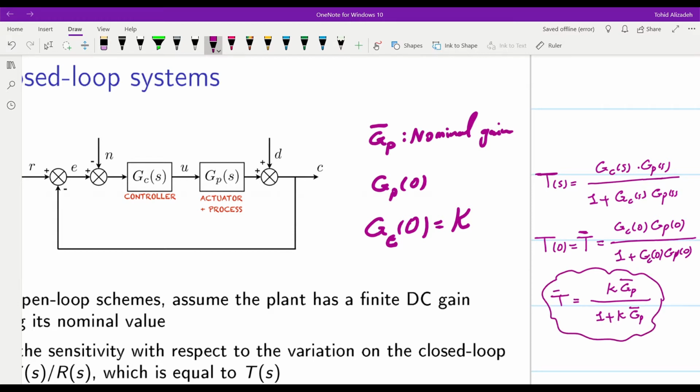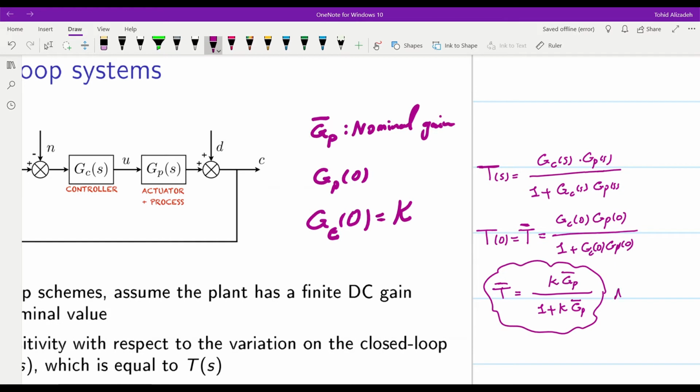And this is the nominal gain for our closed loop system. So nominal DC gain. We have the nominal DC gain for the controller and the nominal DC gain for the closed loop system.